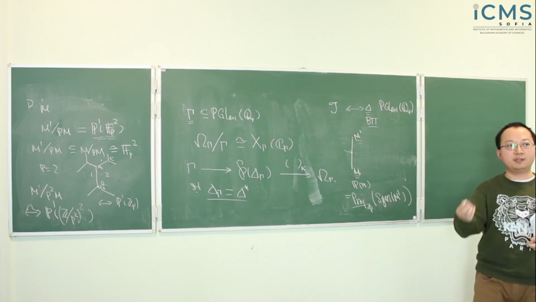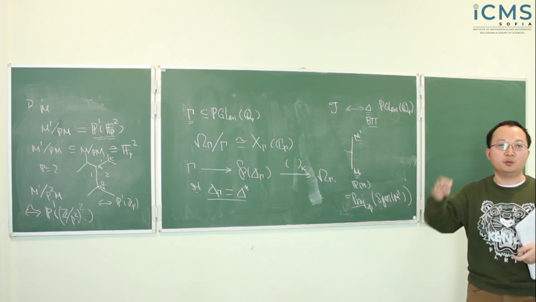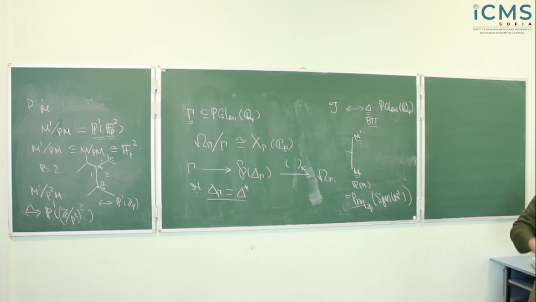In the symmetric case, if you consider the vector space, you know that it's finite dimensional, and you will get the standard projective space with dimension n, right?